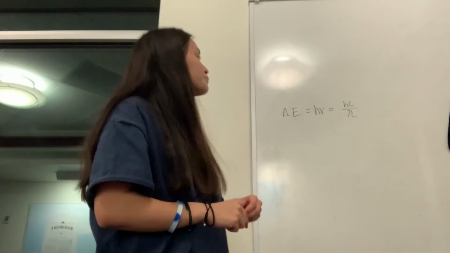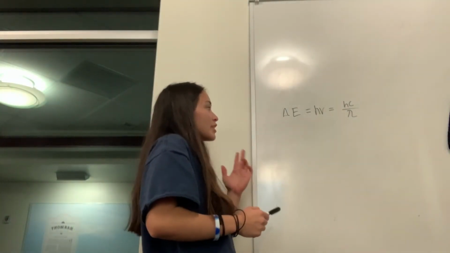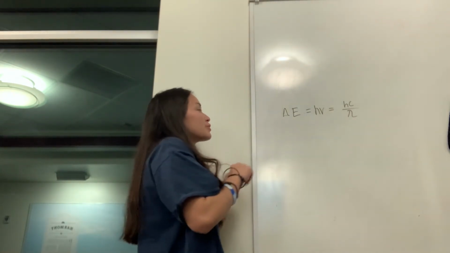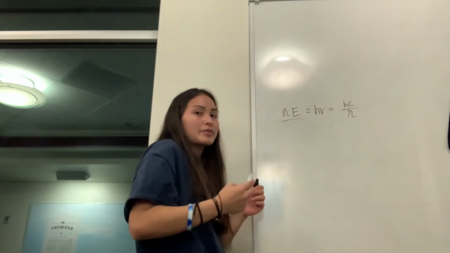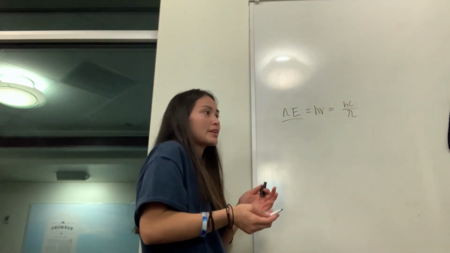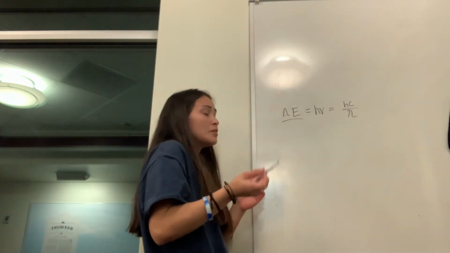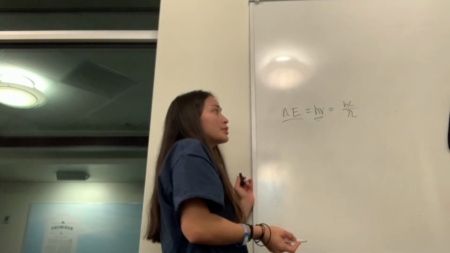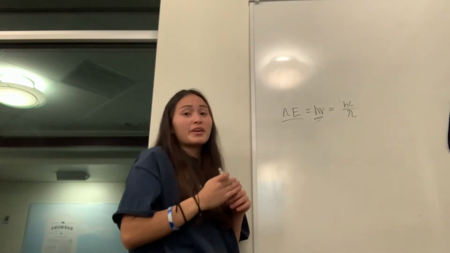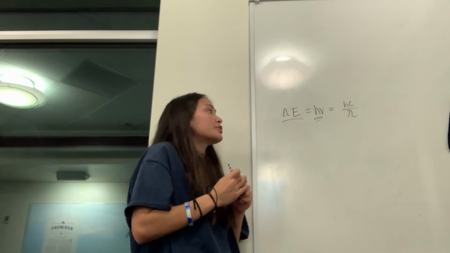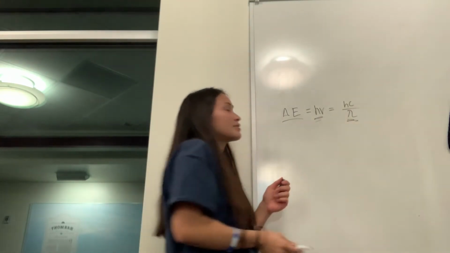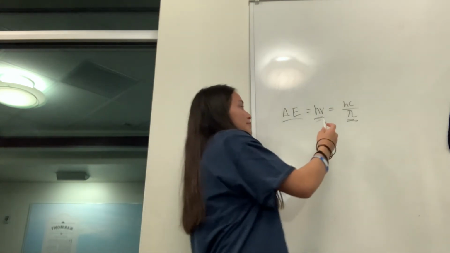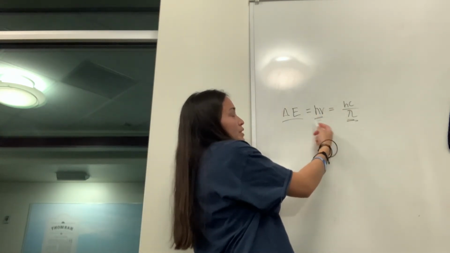Really quickly, I just wanted to cover the relationship between these three equations. Here we have the change in E, and we saw earlier that we can also solve that from a different equation, but that's also equivalent to Planck's constant times frequency. So if we are ever given a wavelength and asked to find the change in E, that is still possible, because we know the correlation between these three equations.